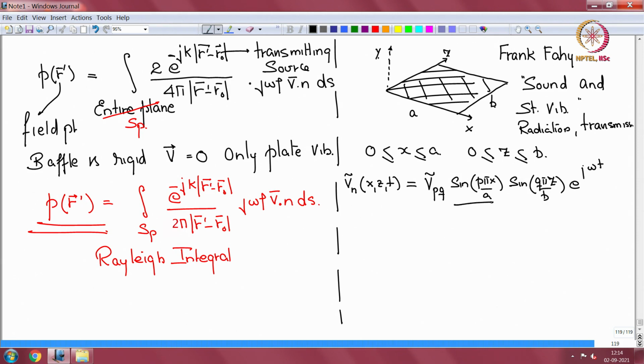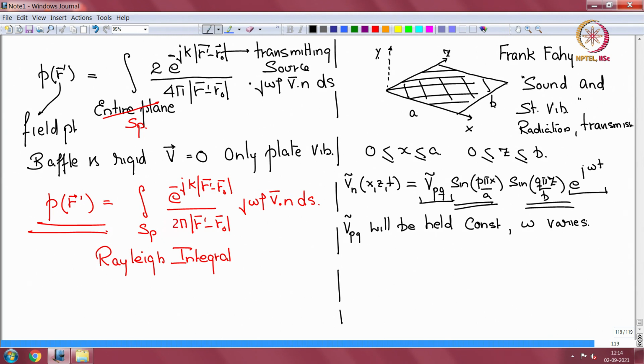These are the mode shapes of a simply supported plate in the pqth mode, and this is the amplitude and this is the time indicator. It's harmonic forcing, sinusoidal. Now in this derivation vpq will be held constant, even when omega varies.